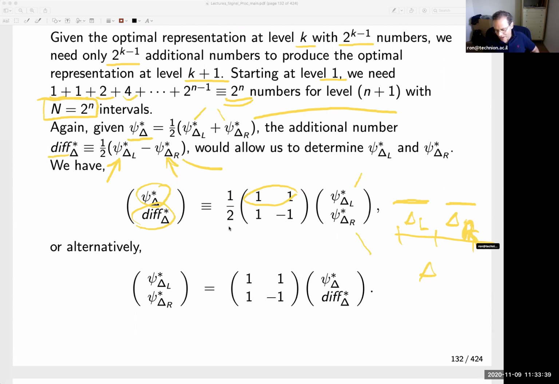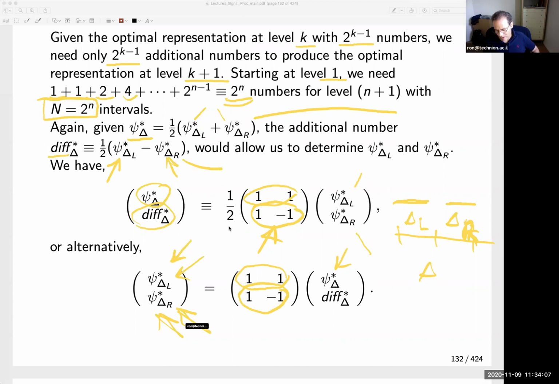Left and right. And this one is equal to the subtraction of the left minus the right, then we can obviously invert this equation, and then we get that the left and the right are equal to nothing but the whole plus the diff. Okay, so the whole plus the diff is equal to the left, and the whole minus the diff is equal to the right, to the average on the right.